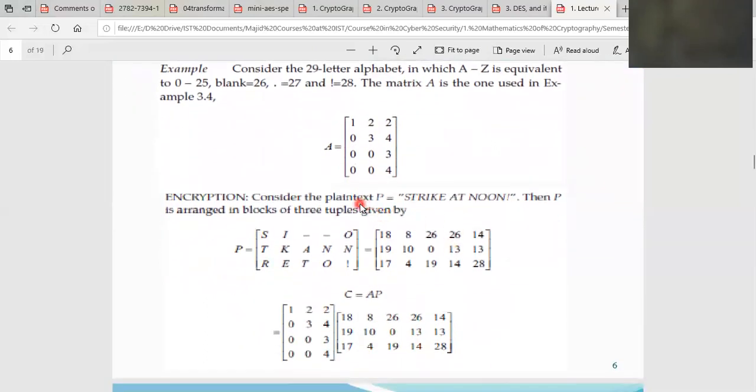Let us consider plain text P, that is "strike at noon", where blank is 26. So we put our matrix P in here.